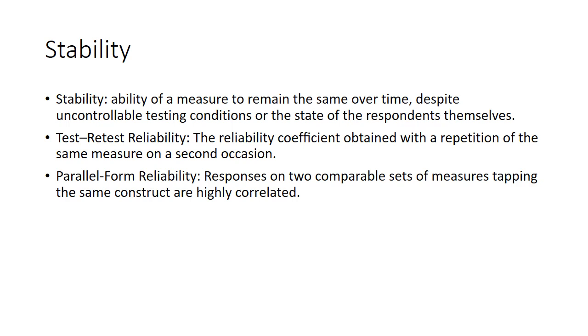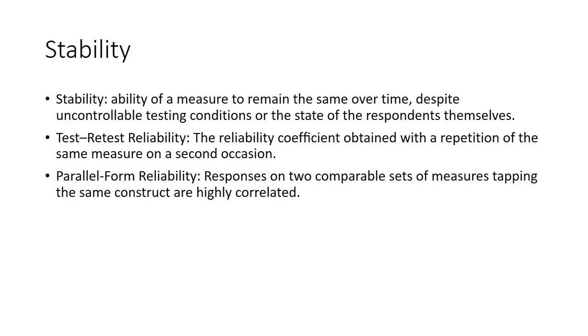So stability means that after some time, if you check the blood pressure, you find almost the same reading, not totally the same, but almost. As I already mentioned, there are two types: test-retest reliability. This is how you can ensure the stability.